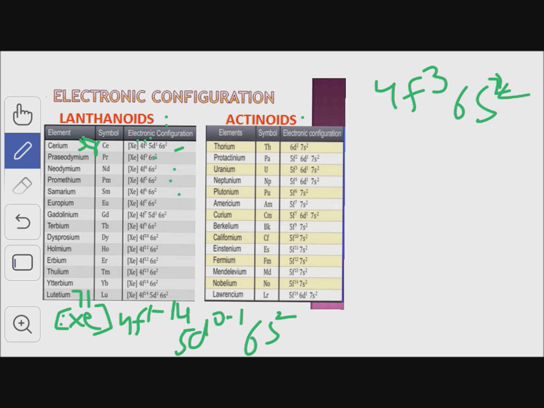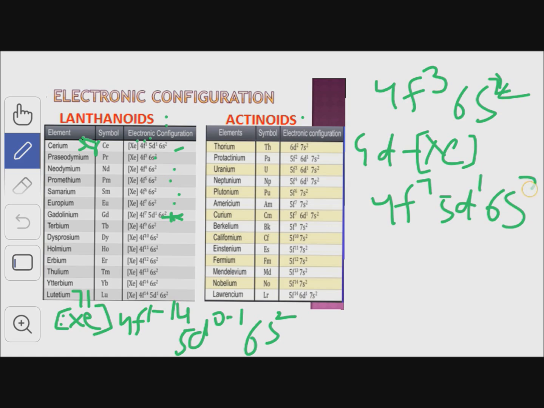Europium 4f7, 6s2. Then gadolinium, which is an exceptional case in the lanthanide series. It has the electronic configuration xenon 54, 4f7, 5d1, 6s2.